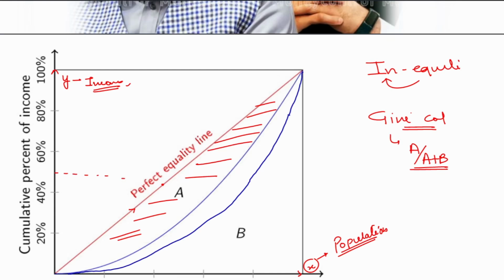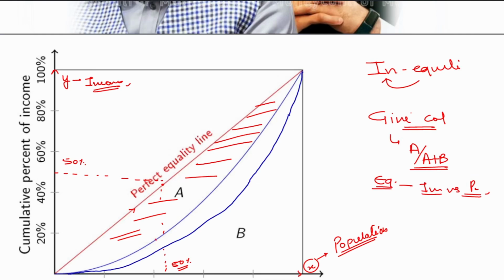So in a perfectly equal economic scenario, we will see that 50% of the people have 50% of the wealth. That means it is in equilibrium. The income versus population is in equilibrium.